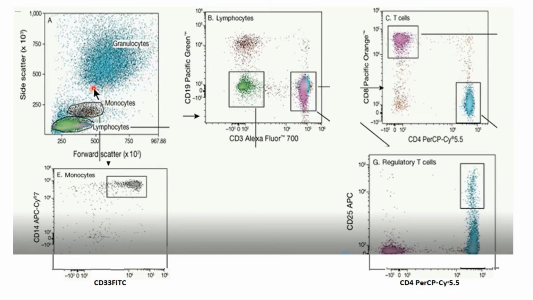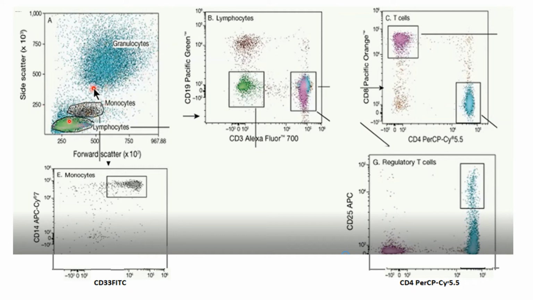So based on these markers, let us see how to do flow cytometry. These are the graphs. In the first graph, the x-axis has forward scatter and the y-axis has side scatter.